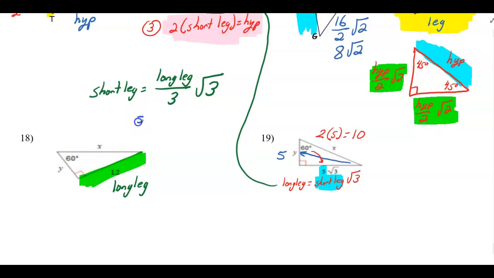So using this formula, the short leg is 12 over 3 times the square root of 3, and that simplifies to 4 square root of 3. So this blue segment, which is the short leg, is 4 square root of 3. Then using the pink formula at the top of the screen there, to find the hypotenuse, you double the short leg. So if you double 4 root 3, you get 8 root 3.